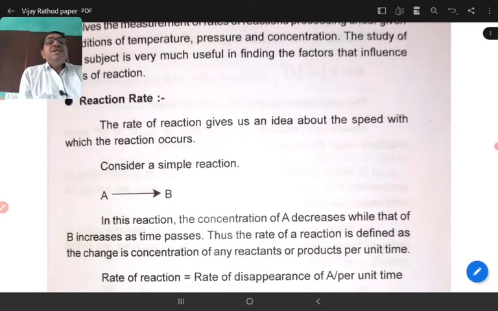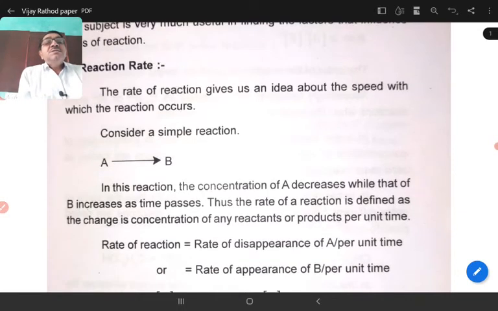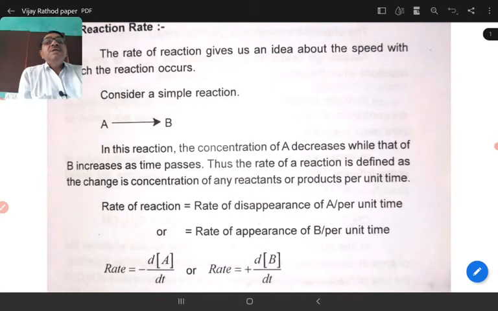When we consider reaction rate, the rate of reaction gives us an idea about the speed with which the reaction occurs. When we consider a simple reaction, where a molecule A is converting into B, that is, reactant is converted into product.